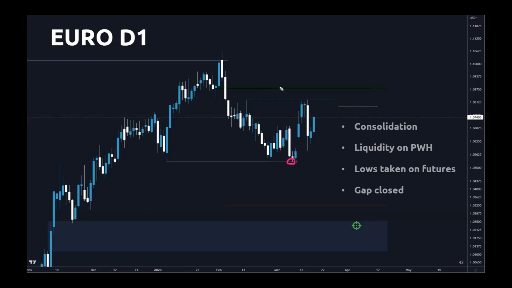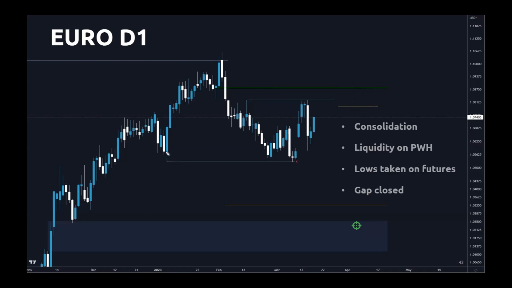was taken. Here is liquidity above the previous week's high, right? Which is also above the 50%, right? So if we put a Fibo from here to here, here is our 50%. So we have already been there, but look, this low was already taken. You probably don't see it on your charts because this is a chart from the futures.